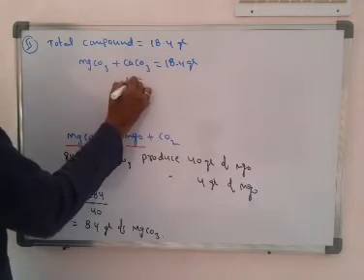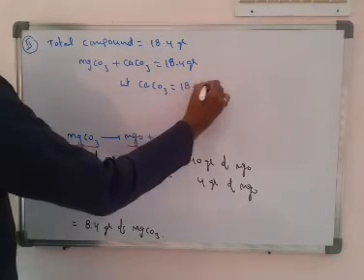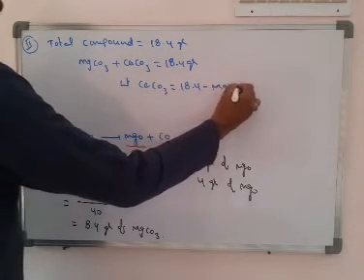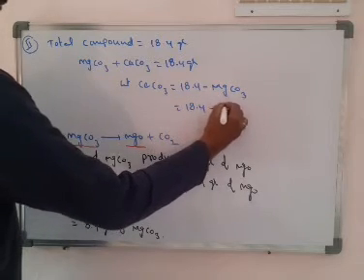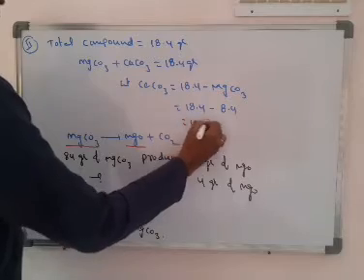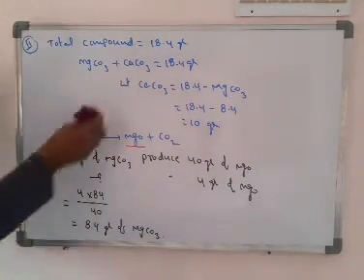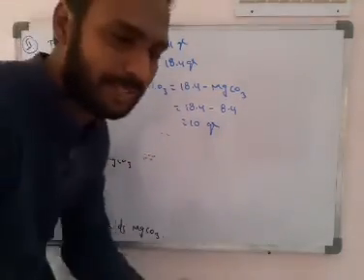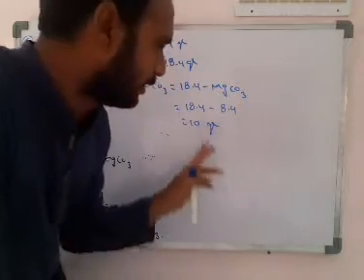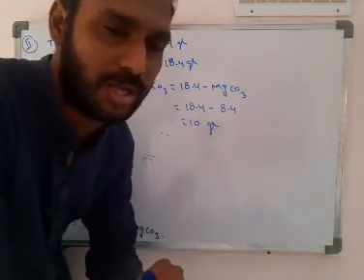Then what is the weight of calcium carbonate? The weight of calcium carbonate is 10 grams. So in the sample we got 10 grams of calcium carbonate and 8.4 grams of magnesium carbonate.